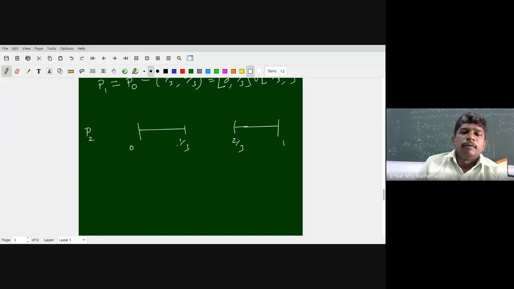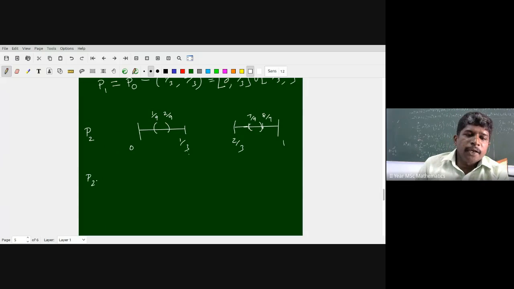From each piece we remove the middle 1/3. This is 1/9, 2/9. This is 3/9, that is exactly 1/3. This is 6/9. So this is 7/9, 8/9. This is 9/9, 1. So this middle set is removed.